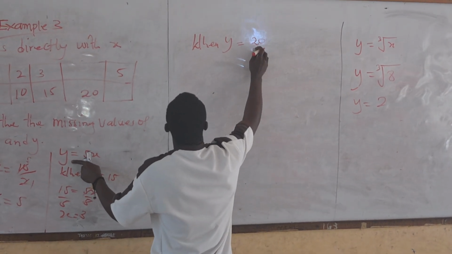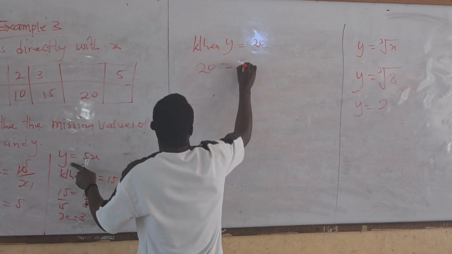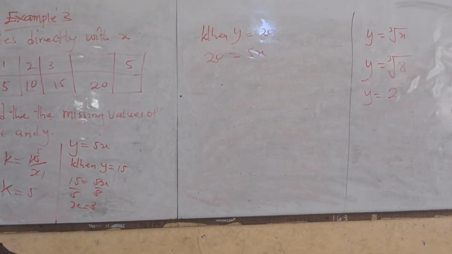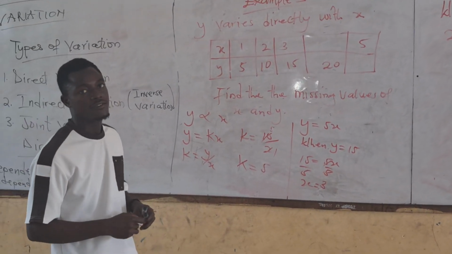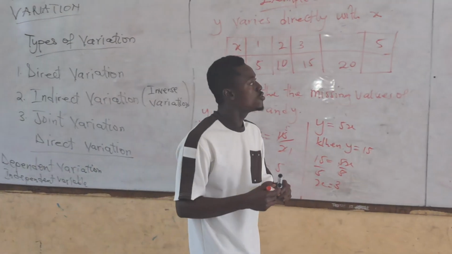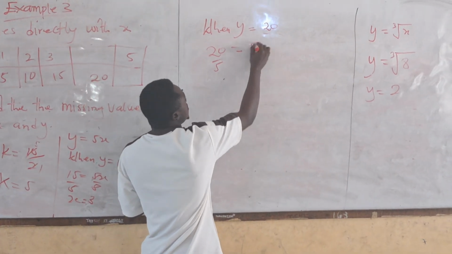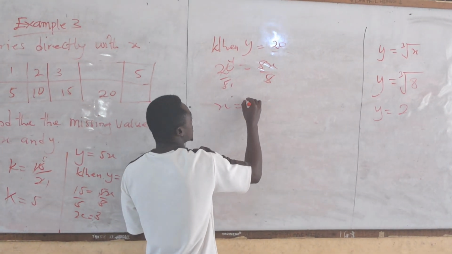Whenever you see y, you put 20 there. It becomes 20 equals 5x. So you want x and not 5x, you divide both sides by the coefficient of x. So here you divide both sides by 5. Therefore, x is equal to 4.